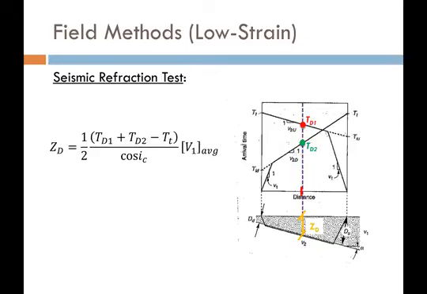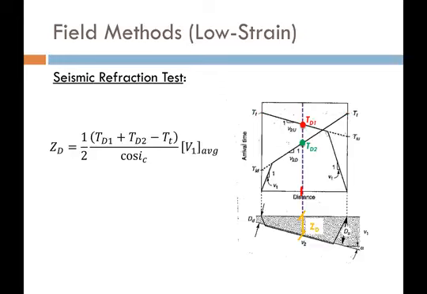You could have u's there and d's if you wanted to, but that's fine. So d1 is from my first set of curves, d2 is from my second set of curves, and t sub t is just going to be the termination time for both waves. Both waves, because we're dealing with the same material, should have the same arrival time at the last geophone.